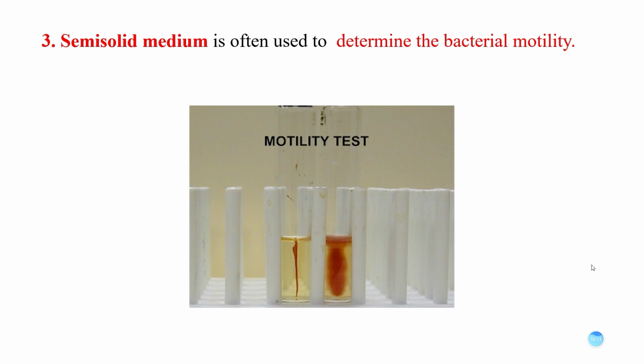This is the bacteria without flagella. But if the bacteria have flagella and they can swim, they would spread from the line to the surrounding medium. Like this one. So this bacteria is motile. So we can study bacterial motility with this semi-solid medium. Very useful medium in the lab.